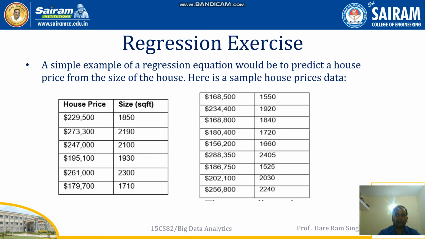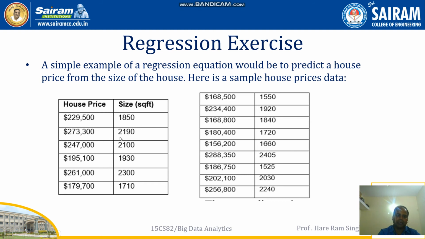So let us study the above concept with one example. Here we have a table in which house prices are given based on the size of the house. If the size of the house is 1850 square feet, its price is 2,29,500.